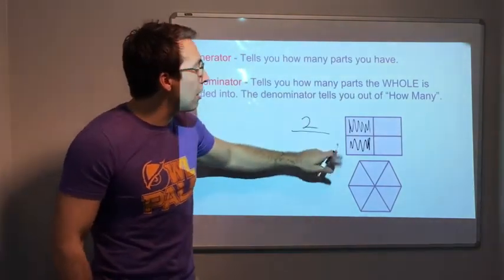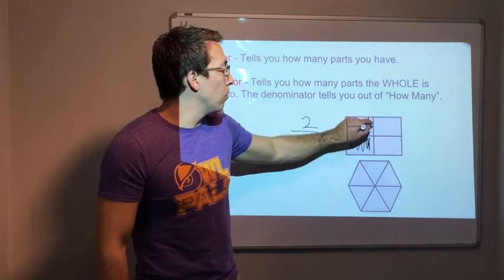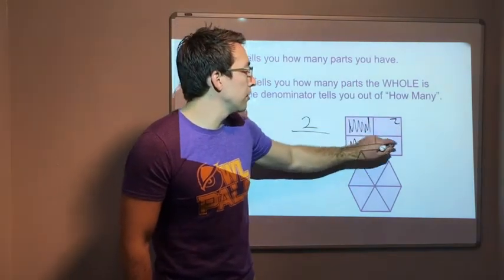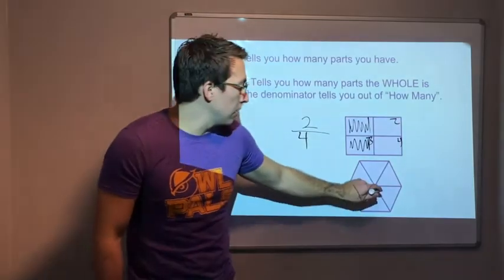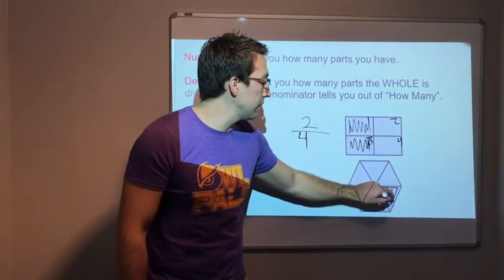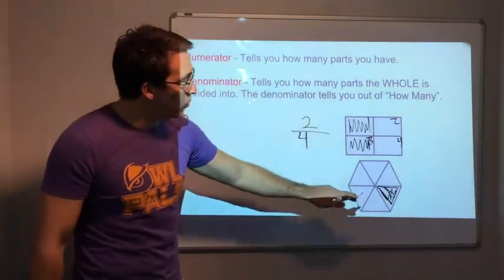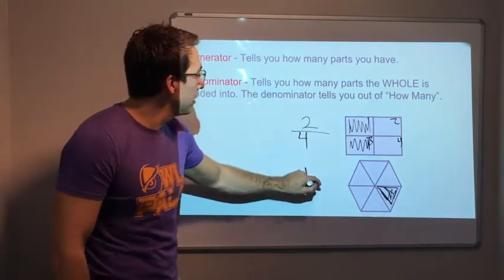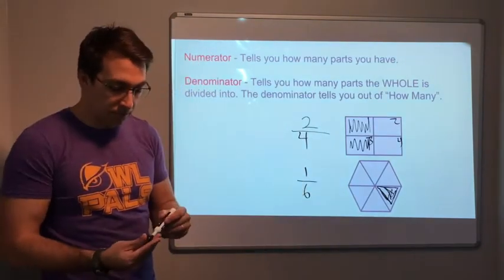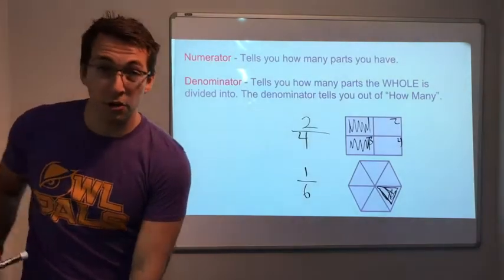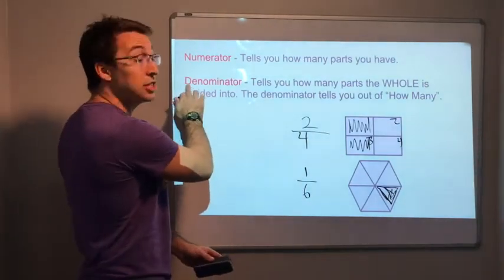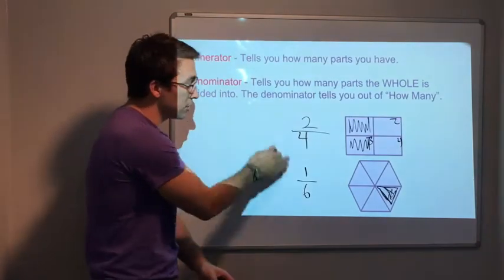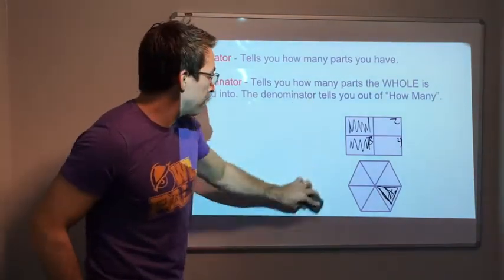So 2 out of 1, 2, 3, 4. 2 out of 4. Here, if we just have 1, let's say we have this one triangle, one piece, 1 out of 6. 1 out of 6. So there you have, the numerator is your top number and the denominator, D down, denominator is the bottom number.